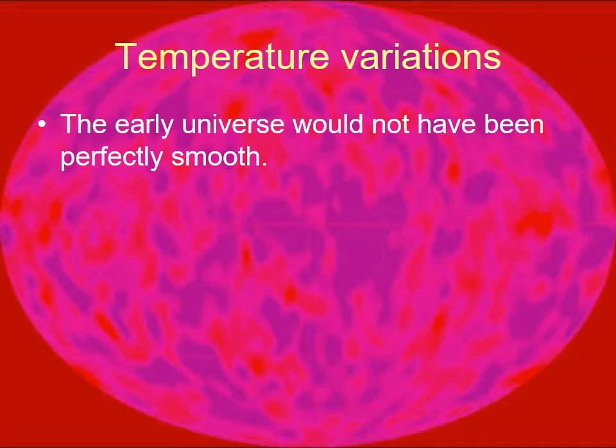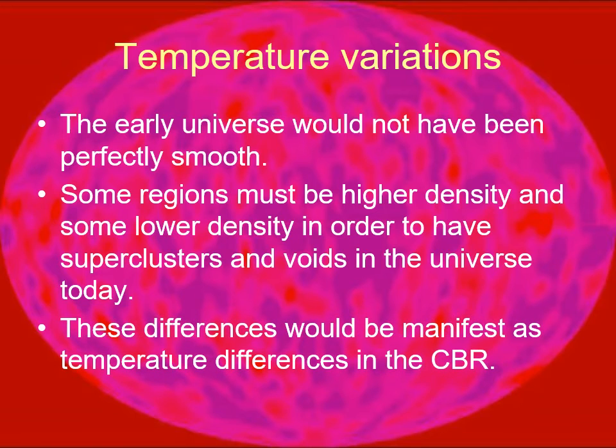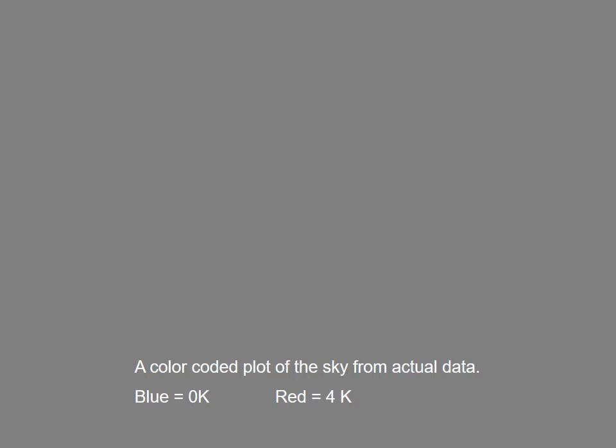The gravity would have pulled on the light, and it would actually have looked a little bit cooler to us, because it would have been a little bit more redshifted. Where the universe was a little bit thinner, it would have looked a little bit warmer. Okay, so these higher and lower densities were what originally gave us the voids and superclusters, and that would manifest in the cosmic background radiation.